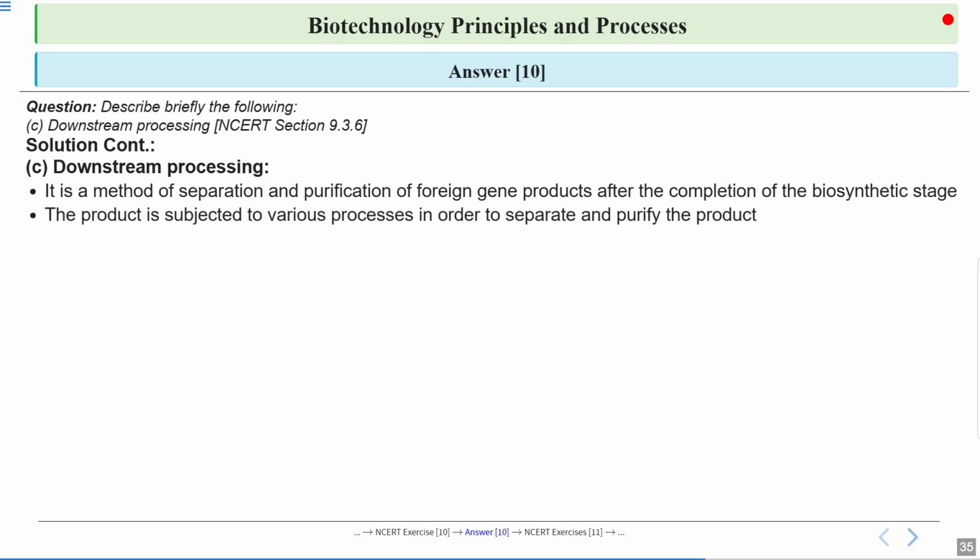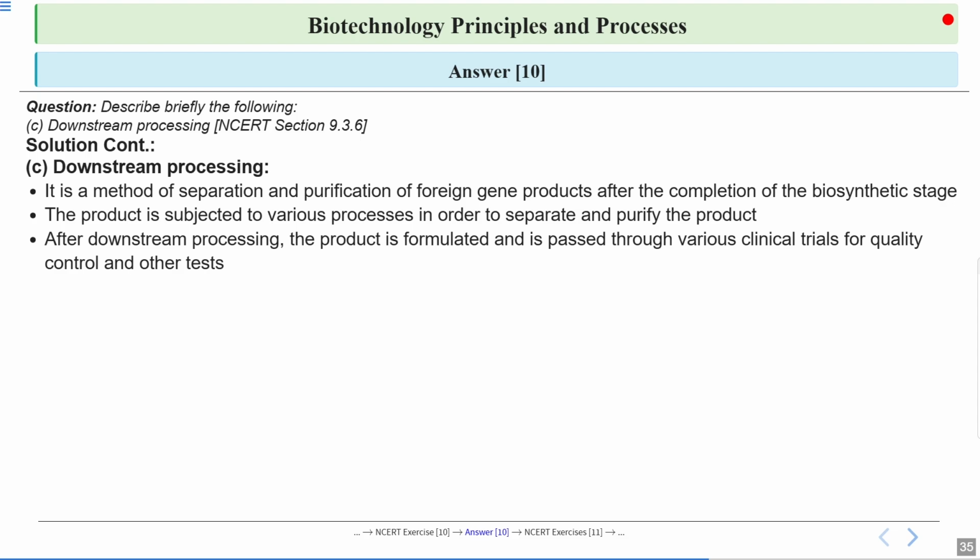So the product is subjected to various processes in order to separate and purify it. It follows many steps to separate the unwanted debris from the product, and you ultimately get the purified product at the end. After downstream processing, the product is formulated and passed through various clinical trials for quality control and other tests.